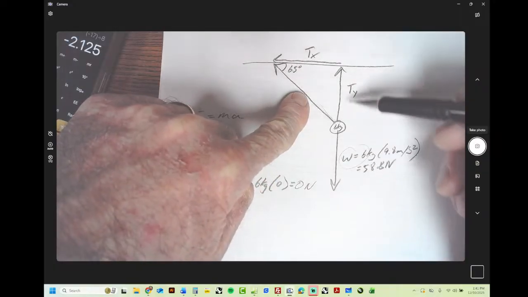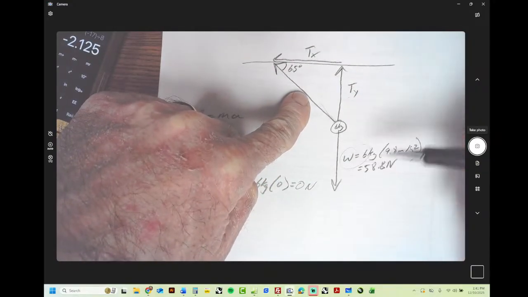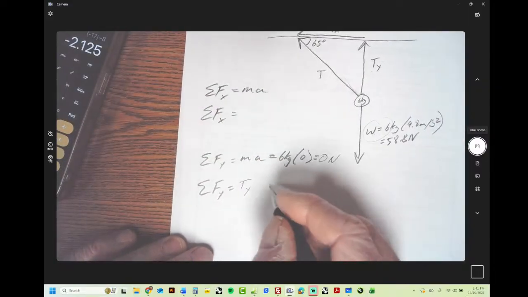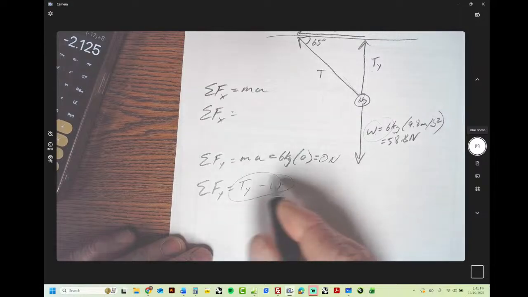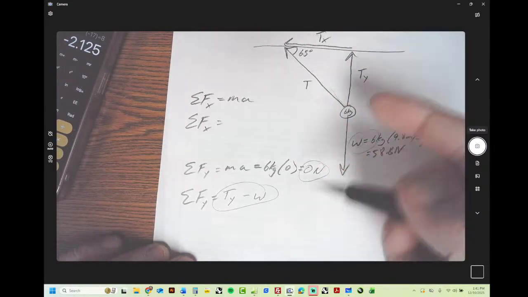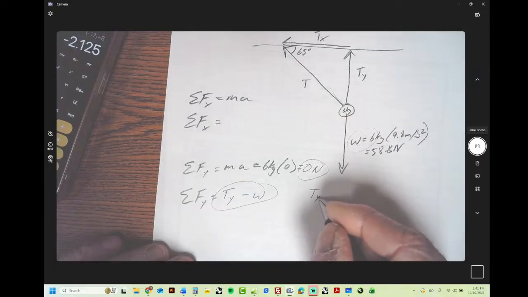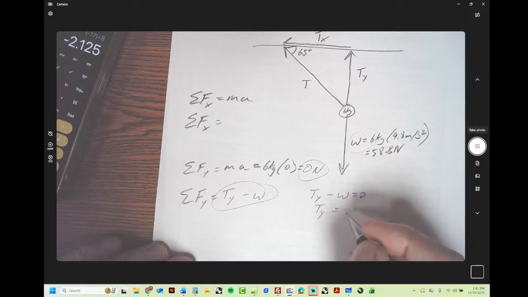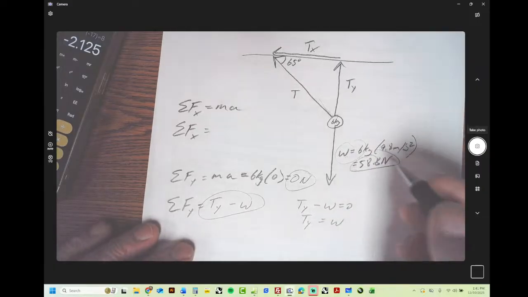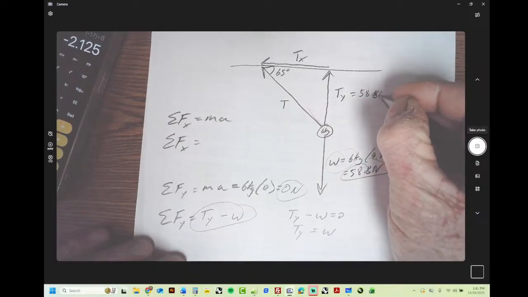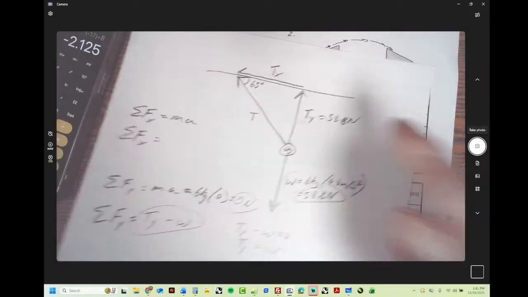There are only 2 in the y dimension: Ty and weight. This is positive, this is negative. So Ty minus weight is the net force in the y dimension, and so is this, because there's no acceleration in the y dimension. So Ty minus weight equals 0, which means Ty equals the weight. So if this is 58.8, then this is also 58.8. Except it's not.